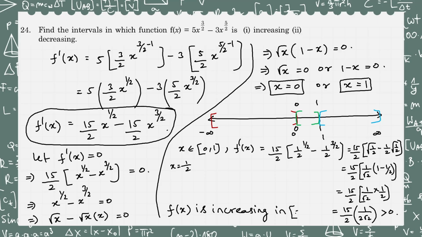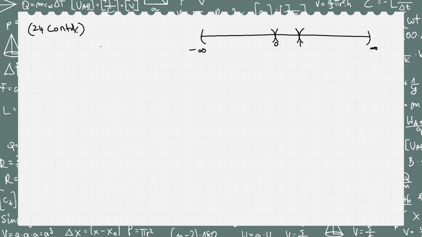in 0, 1. Now let us take the interval minus infinity, 0, and we can pick up any one point in this particular interval. So we can take minus 1 here. Okay, so now we know that f dash of x equal to 15 by 2 into root x into 1 minus x.